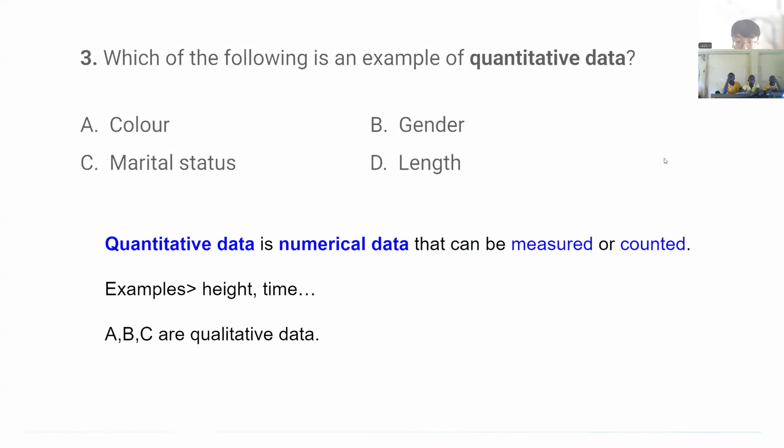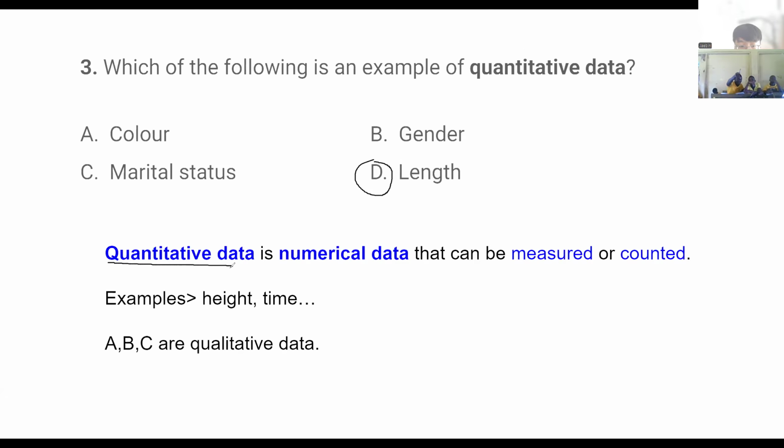Let's look at question number 3. Which of the following is an example of quantitative data? So, not qualitative, but quantitative. Yeah, that's right. The answer is D for this one, because quantitative data is a sort of numerical data that can be measured or counted.